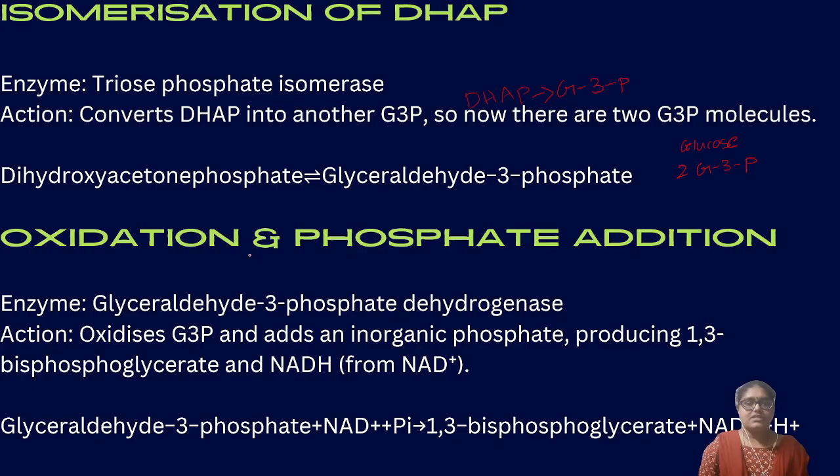Next step is oxidation and phosphate addition. In the next step, G3P is going to lose 1 hydrogen atom and it gives it to the NAD, nicotinamide adenine dinucleotide.